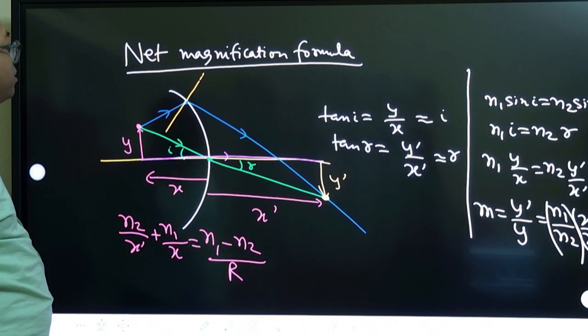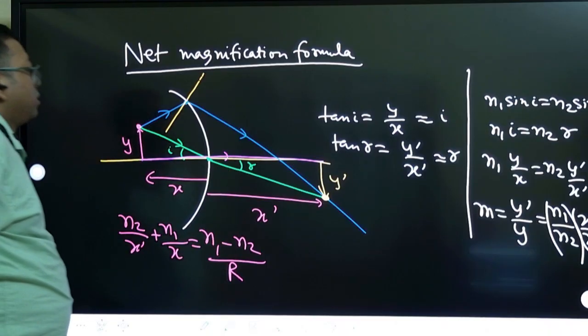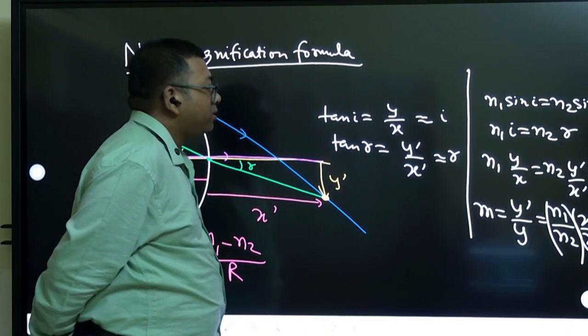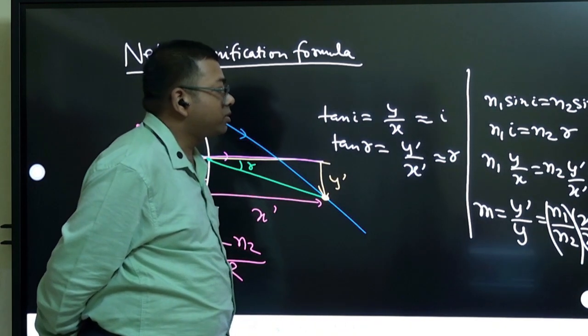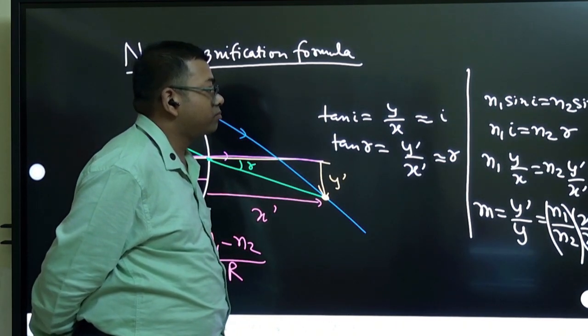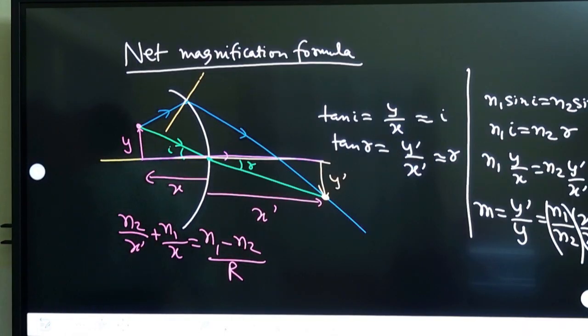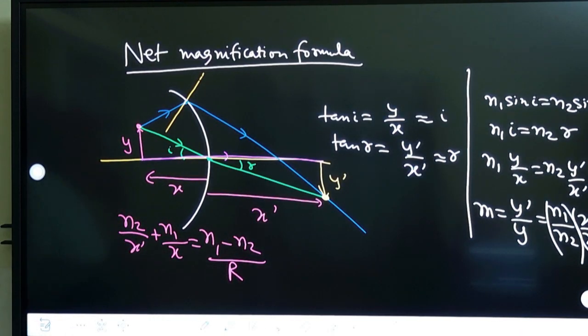The i and r will not be equal, but this is how the magnification for this surface we are getting. What have they given in the book for this magnification? In the textbooks they are not giving it.